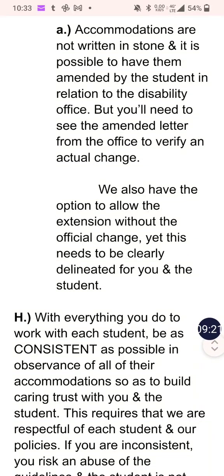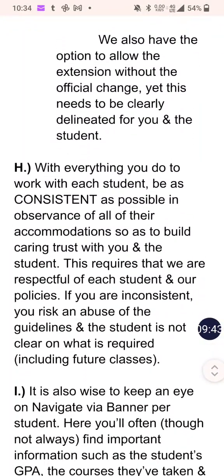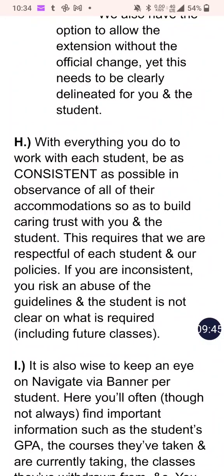We also have the option here to allow for the extension without the official change. Yet you need to be clear with the student what that change actually is, so that you are clear throughout the semester and the student is clear throughout the semester, so that this isn't open to abuse or other such problems.